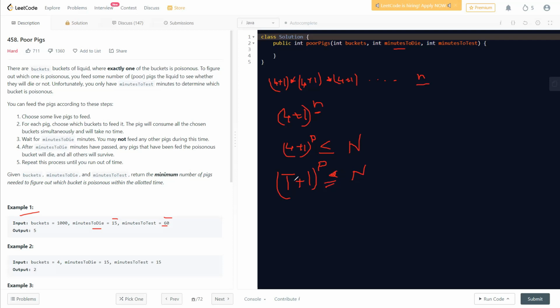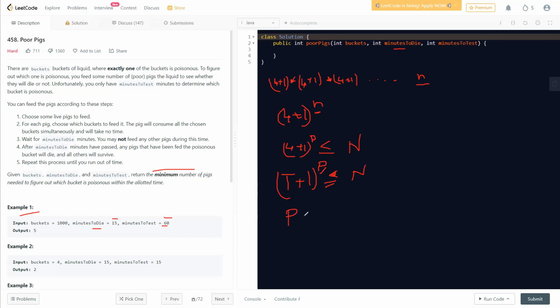Now, how do we calculate this? We need to count the number of pigs, which is our question: the minimum number of pigs. If the number of pigs is p, we need to calculate p.